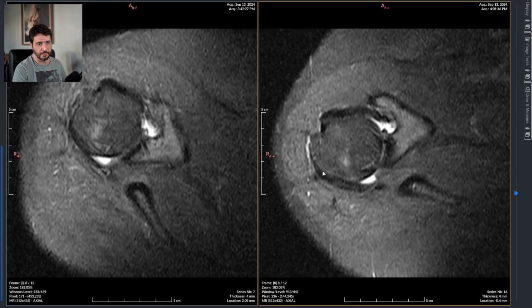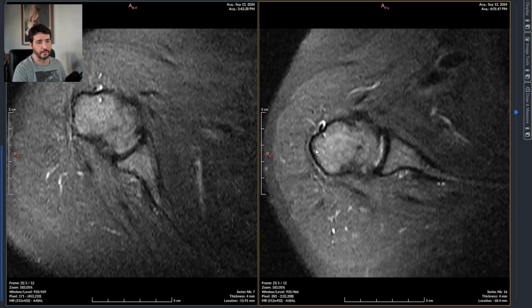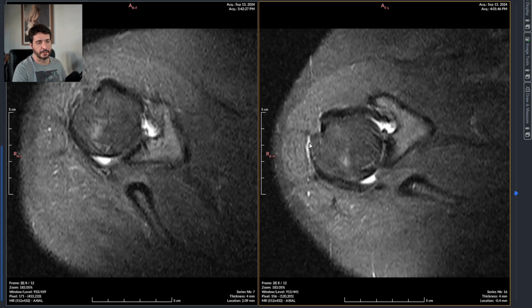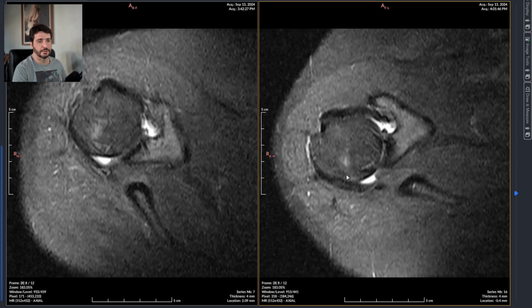But right here on the posterolateral portion of the humeral head, we should have a depression, a deformity, which we don't have here, if this patient had suffered an anterior dislocation.